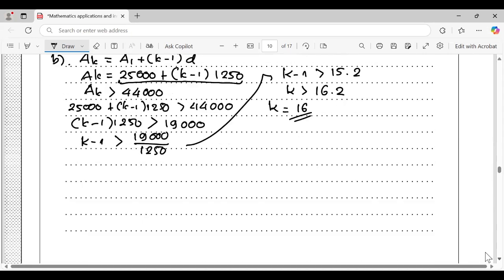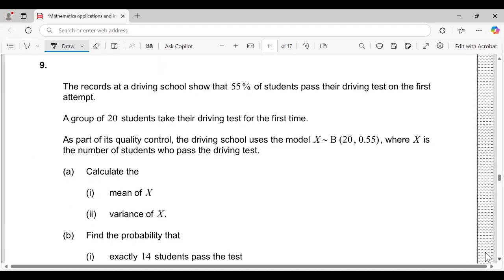Next question, 9. The records at a driving school show that 55% of students passed their driving test on their first attempt. A group of 20 students take their driving test for the first time.